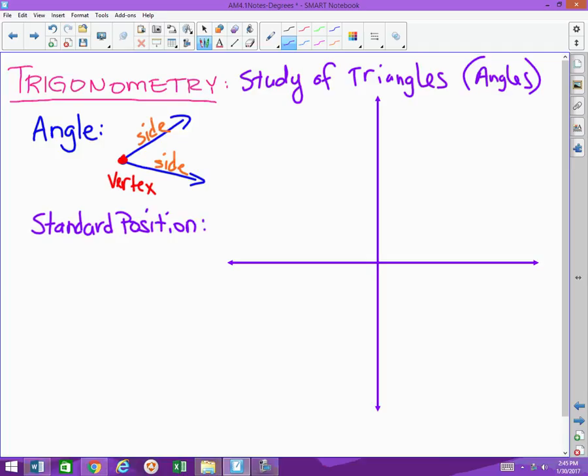And an angle is in standard position when the vertex is at the origin, which is 0, 0.